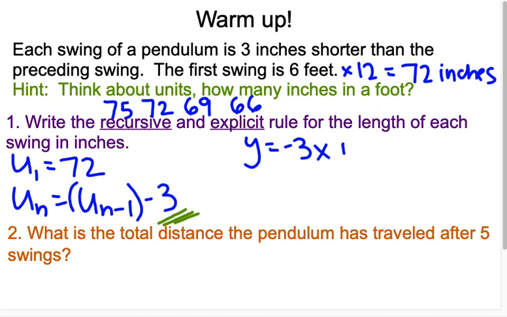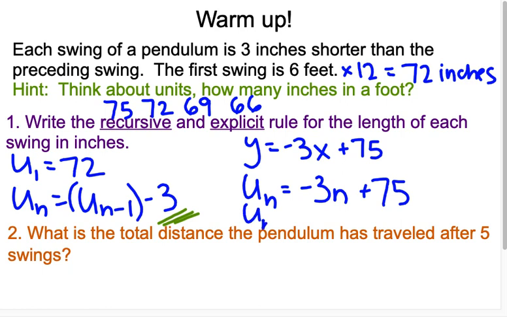I recognize that a 0th term does not always make sense in real life, but you need it for that explicit rule. And now that I've written the rule in a way I'm comfortable with, I'm going to replace the y with the u sub n and an x with the n to get it to be truly explicit. Now the textbook would write it as u sub n is 75 minus 3n. You decide what feels best for you.